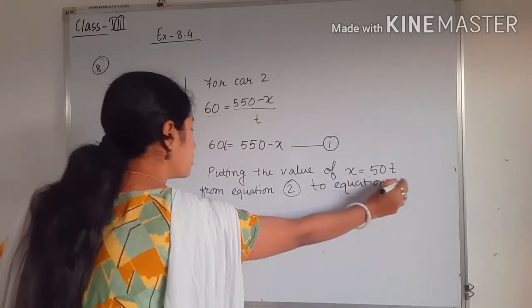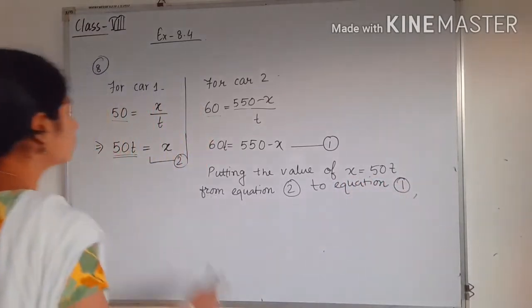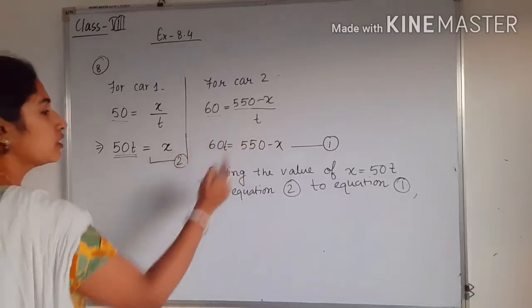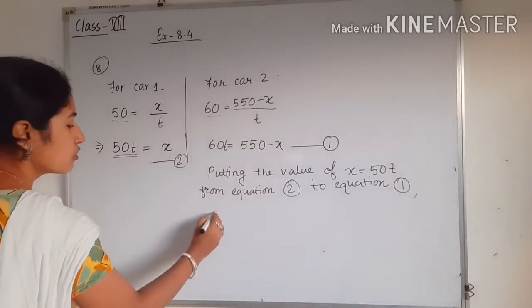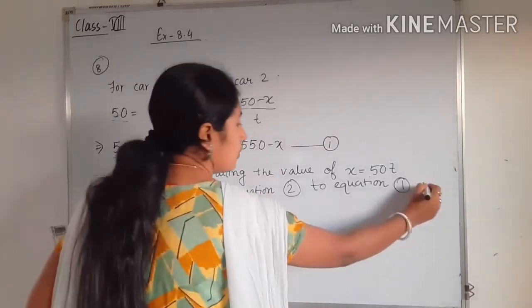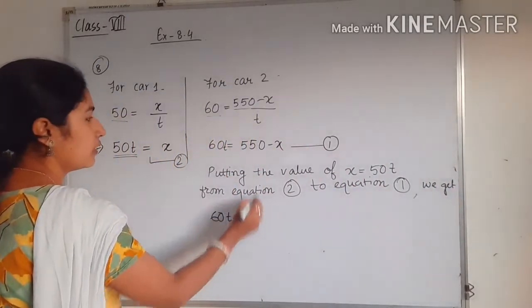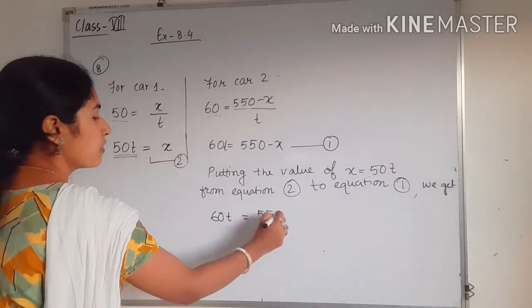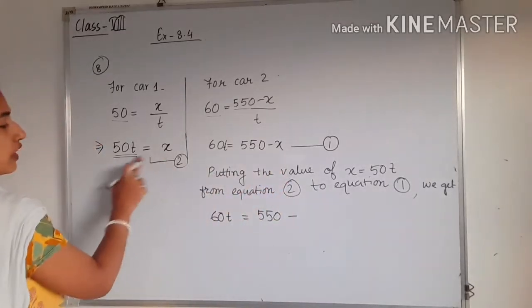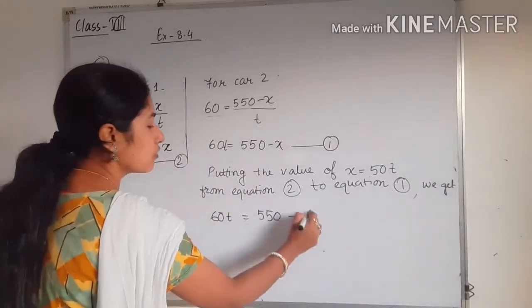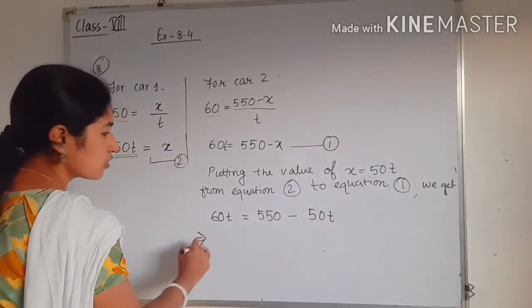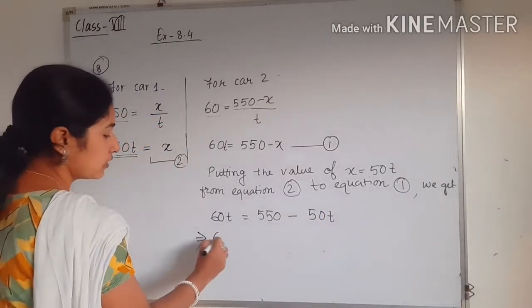These are equations you already know, so we put this value of x into this equation in place of x. Finally we get 60t is equal to 550 minus, in place of x, 50t. So just transpose minus 50t to this side.